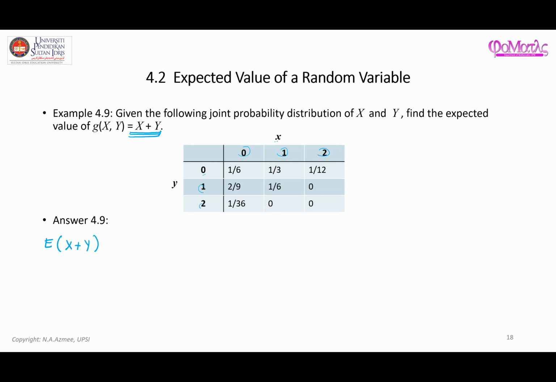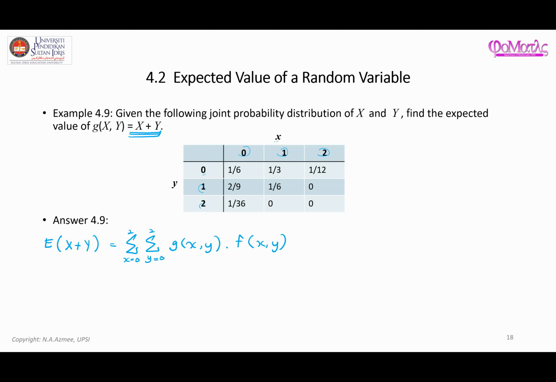So this is a discrete case, therefore we're going to have a double summation process right here, with the function gxy multiplied with the joint probability mass function of x and y. The value of y takes the lowest value 0, so it's going to start from 0 and stop at 2. Similarly for x, it's going to start at 0 and stop at 2.